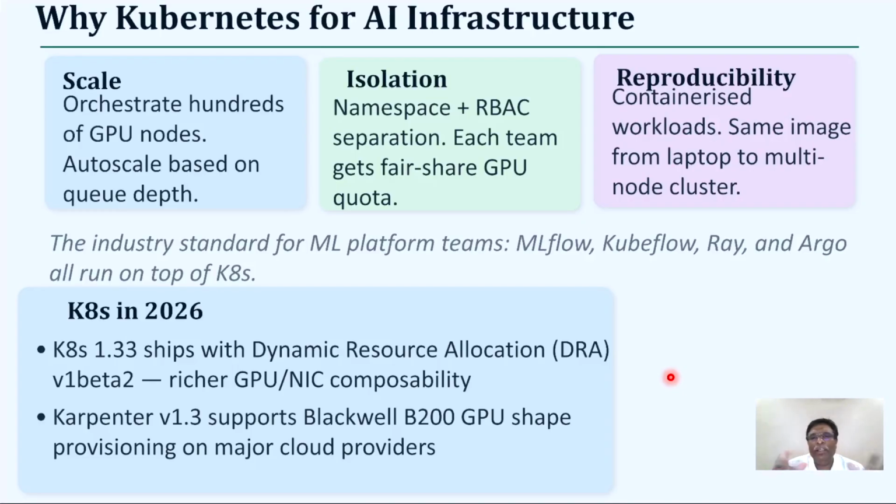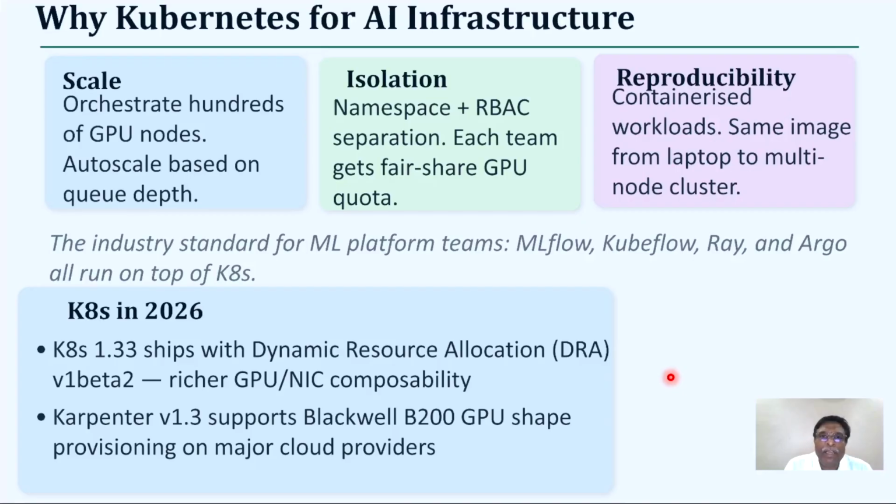I'm not going into the details of each one of them, but since I told you about the ecosystem per se, these are used in parallel with Kubernetes sometimes, in conjunction with Kubernetes sometimes, but these are certain ML platforms which people use, right? So from K8s in 2026, 1.33 to 1.36, as I told you, ships with dynamic resource allocation, very, very important.